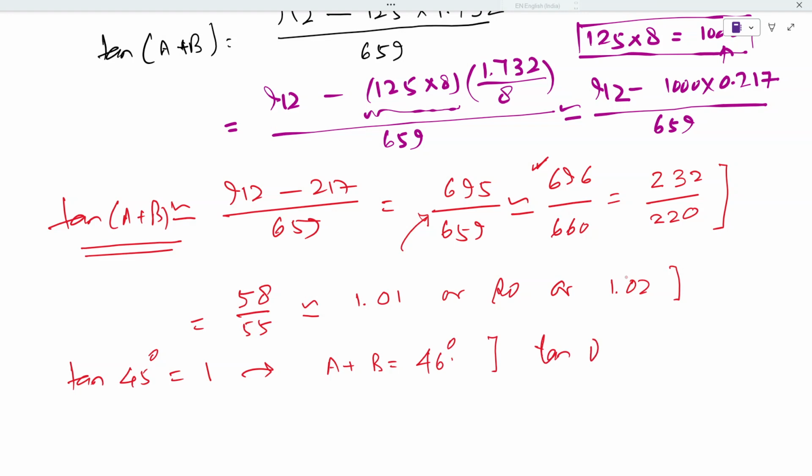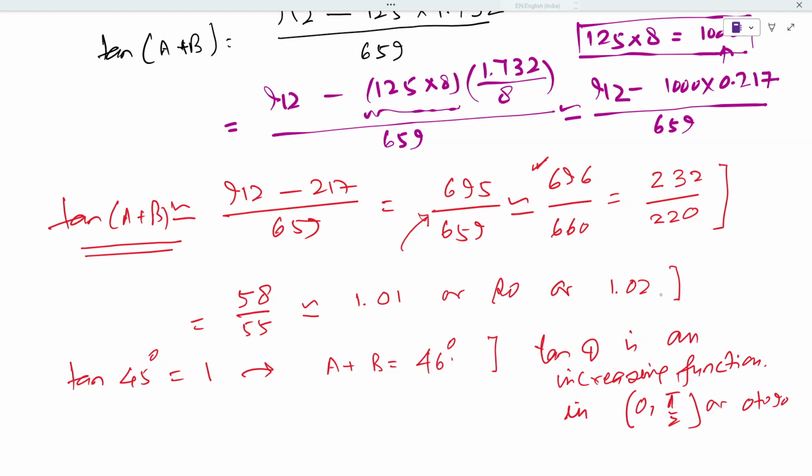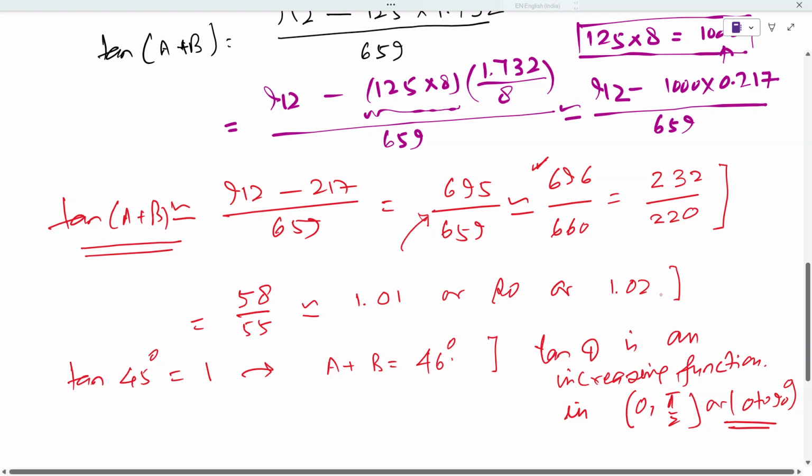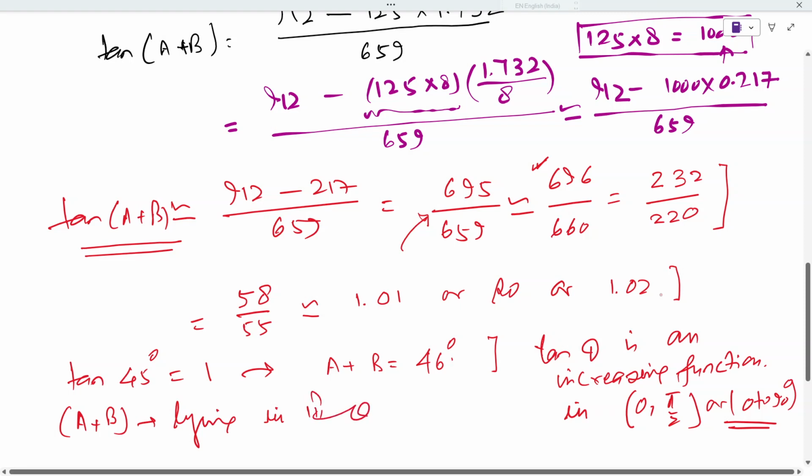Because tan theta is an increasing function in the interval 0 to pi by 2, or 0 to 90 degree. Simple. But we have seen above that the angle A + B is lying in the third quadrant.